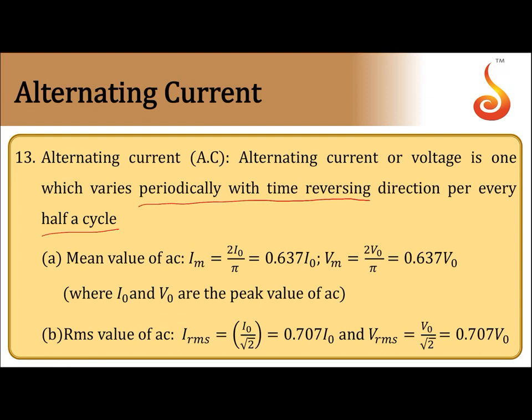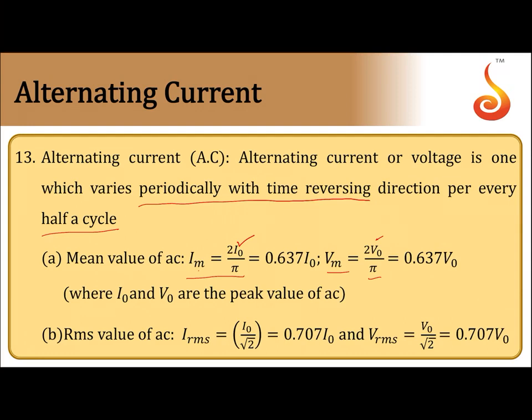Some of the definitions relevant to alternating current are: mean value of AC. Mean value of current Im is equal to 2 I naught by pi, where I naught is peak value of AC. Then mean value of voltage is 2 V naught by pi, where V naught is peak value of voltage.